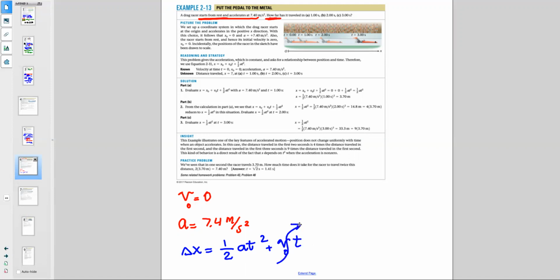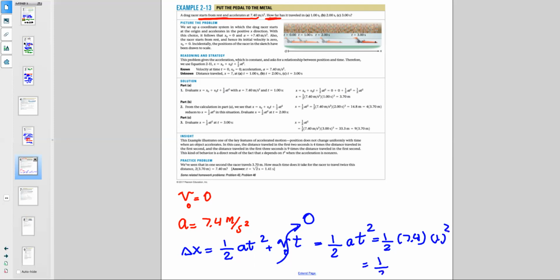So this term is 0 anyway. So I am having only one term, half at squared. Half is half. a is 7.4, okay? t is squared. 1 second, for example, if you want to solve it for the first one. 1 second is 1, so 1 to the power of 2 is just 1.